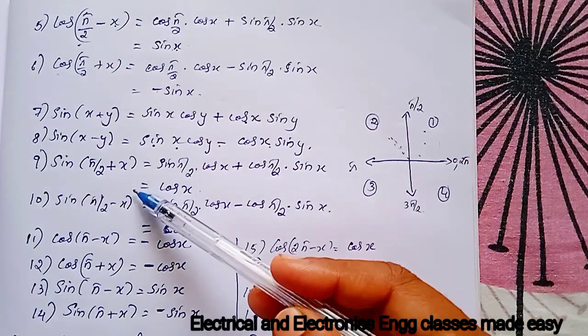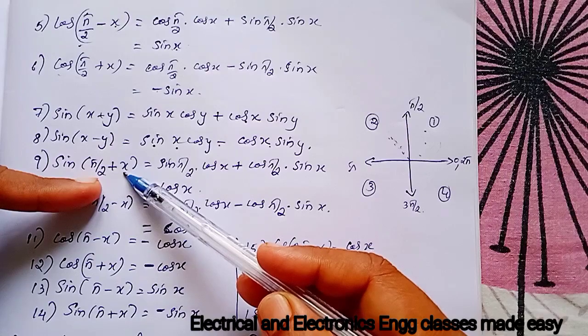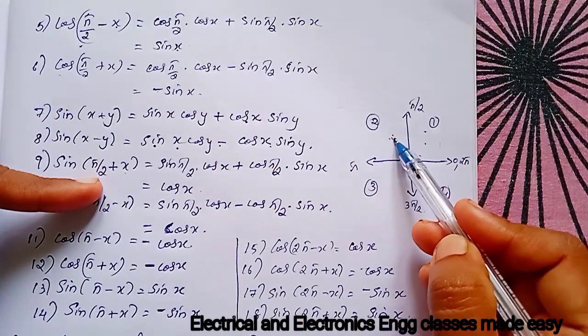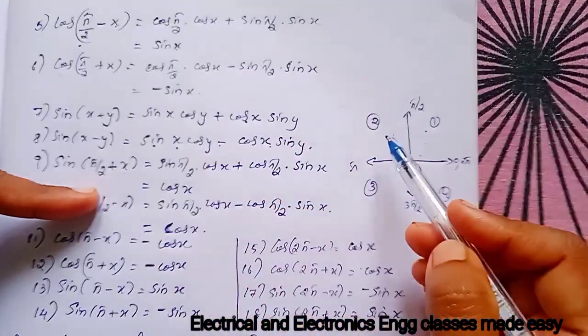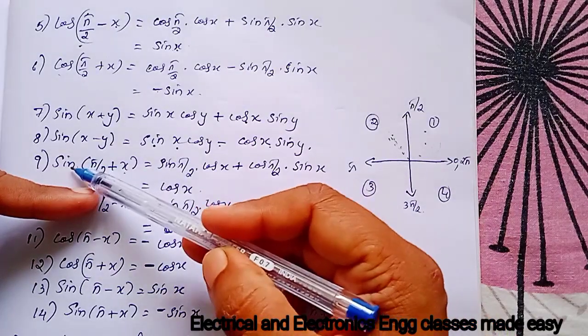Then for the value of sin(π/2 + x), sine is positive here, so positive.